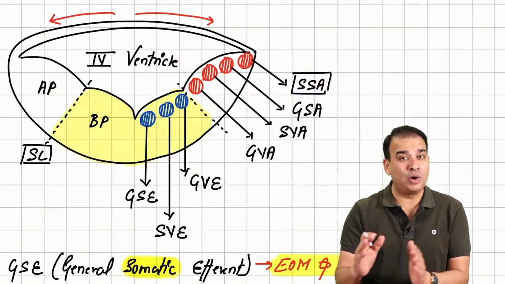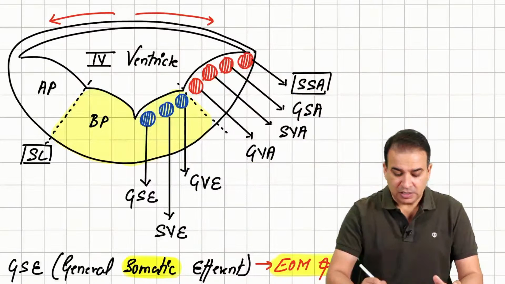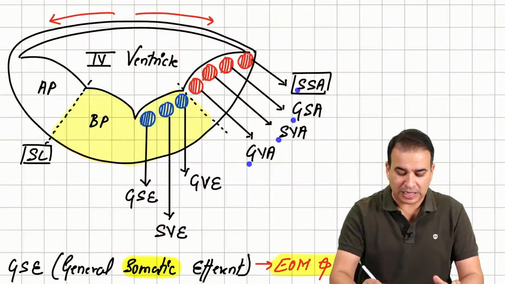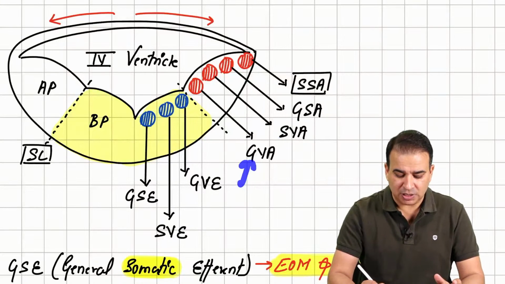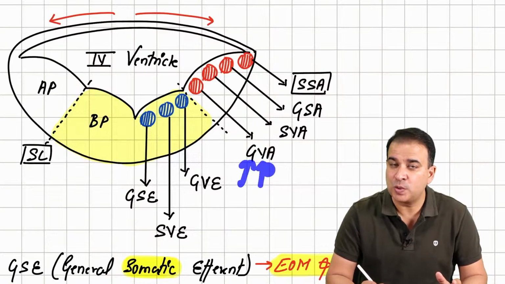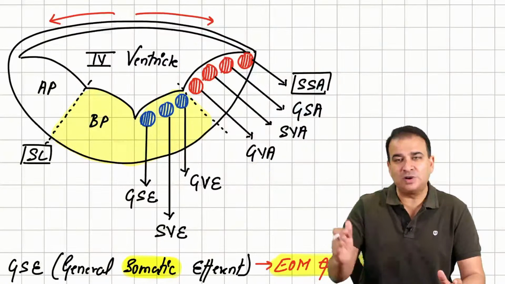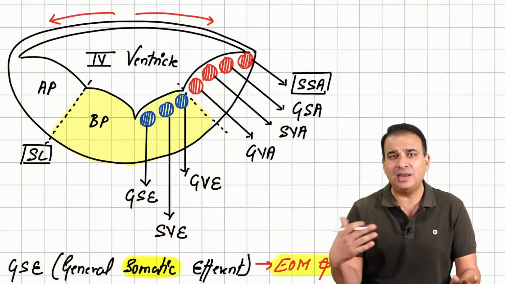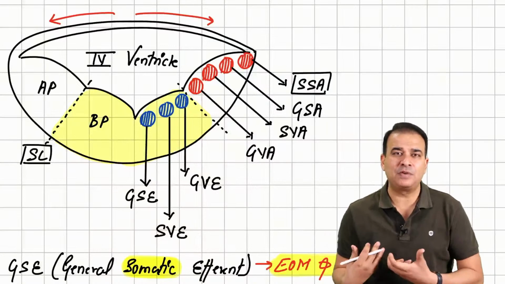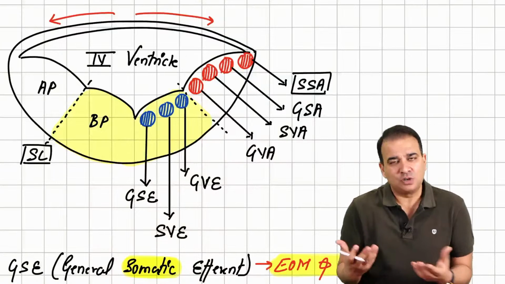And I told you the way we look at the afferent column is entirely different. The first word always tells you about the type of sensation. So when I say GVA, it's a general sensation, and the second word tells you about the source where it is coming from. General visceral afferent. General sensation from viscera could be anything. So any pain sensation, let's say coming from the lung region. General sensation coming from viscera.